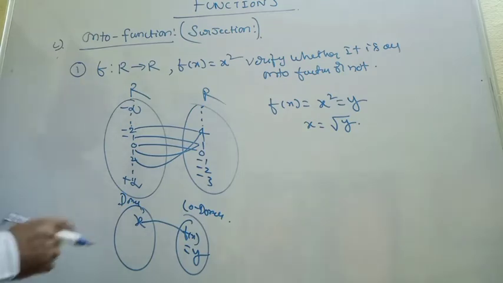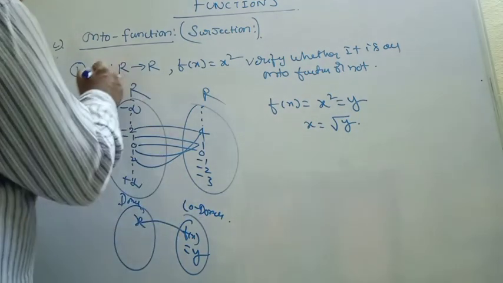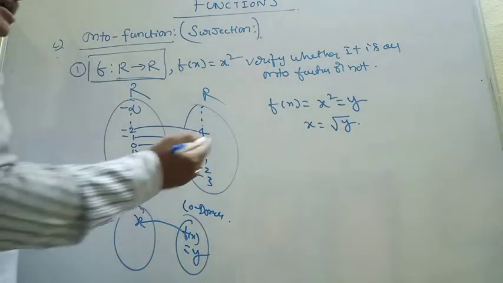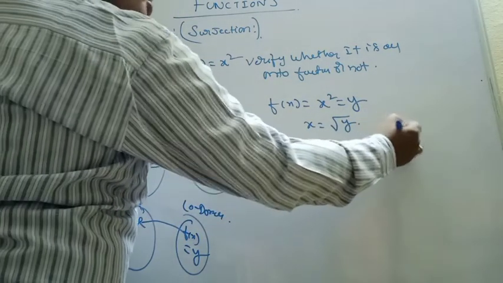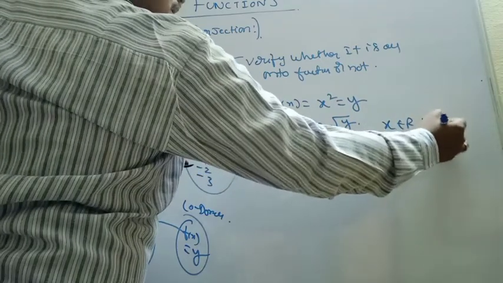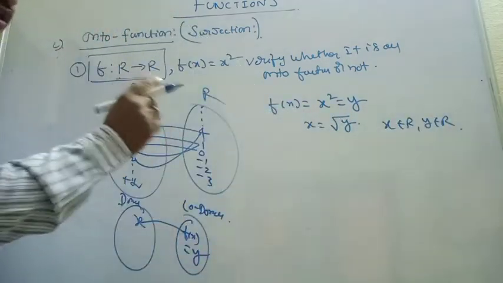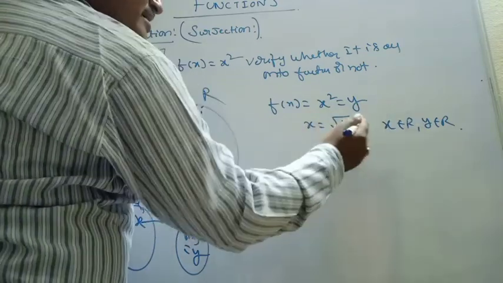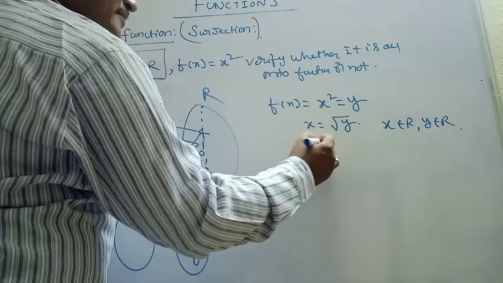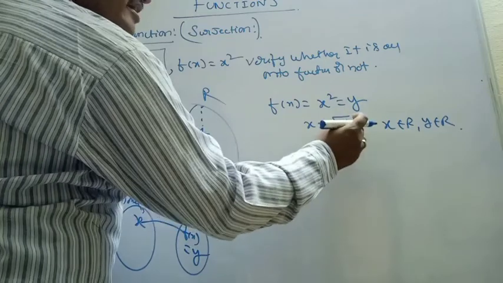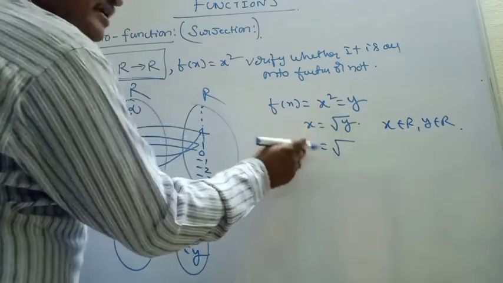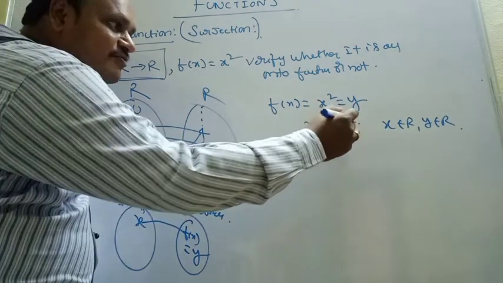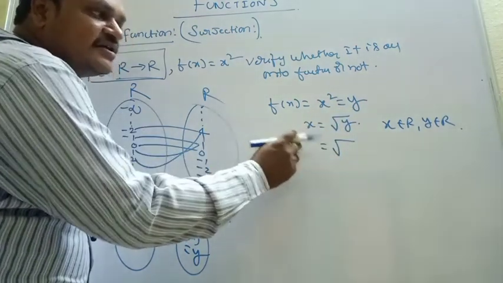In this situation, f is a function from real numbers to real numbers. That means x belongs to R and y belongs to R. Both are real numbers. Now x equal to root y, where y is a real number. For every real number y I have to get one real number x.